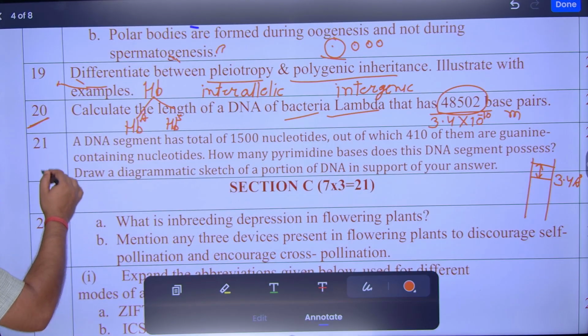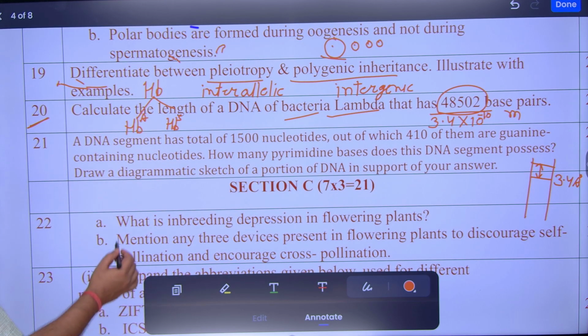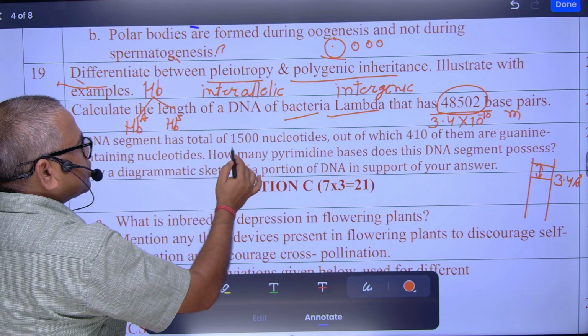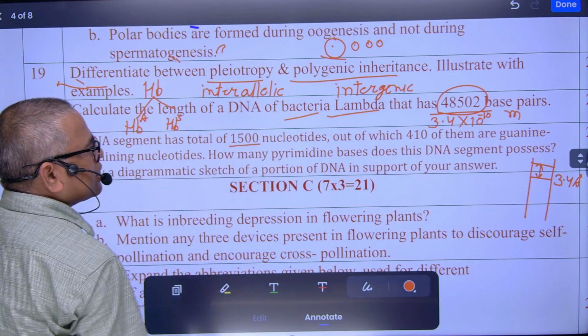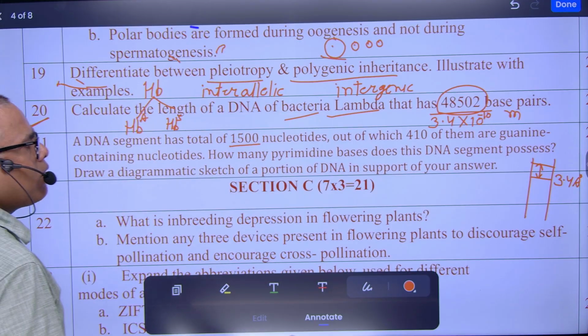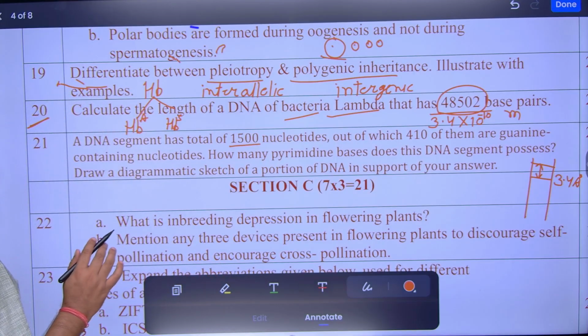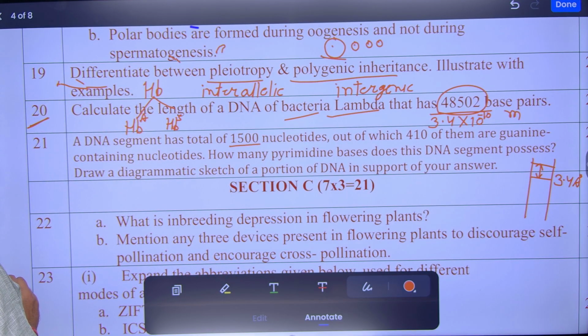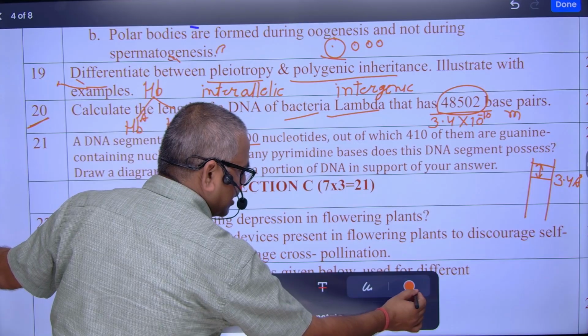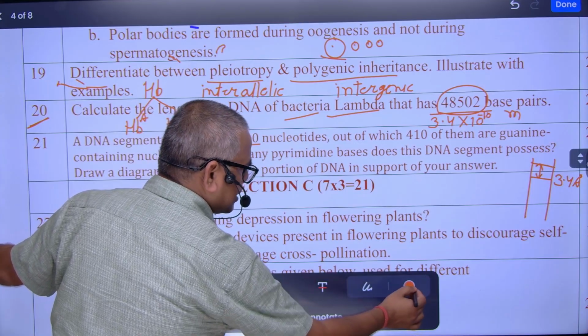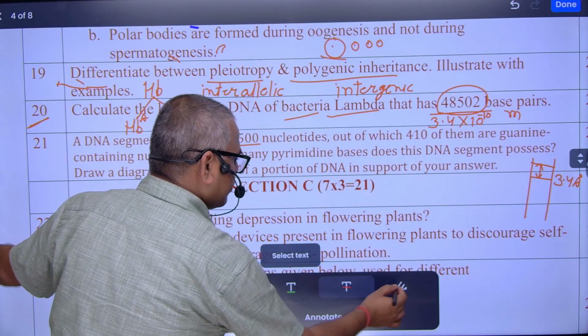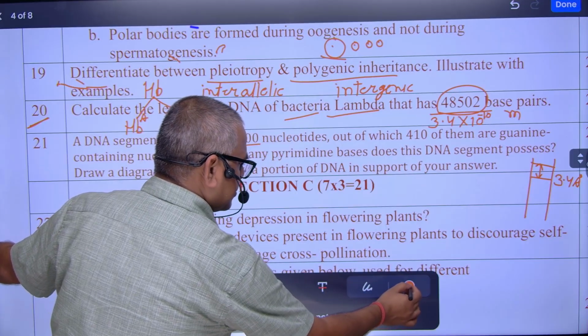Now we come to question number 21. A DNA segment has a total of 1500 nucleotides, out of which 410 are guanine containing nucleotides. Very simple question. I hope you all must have done it.